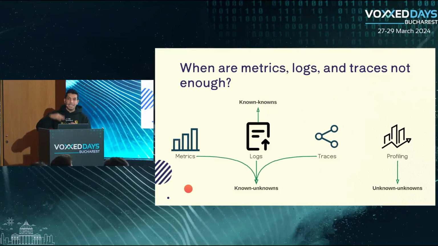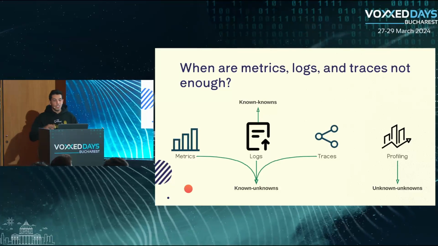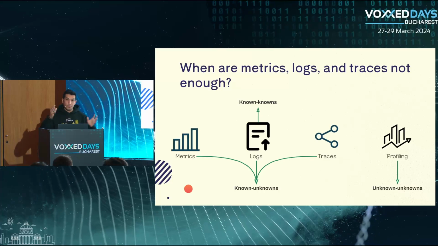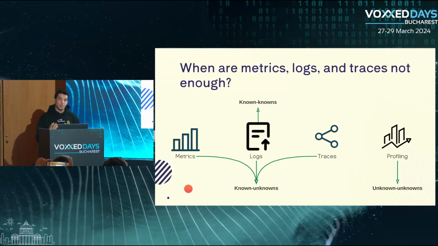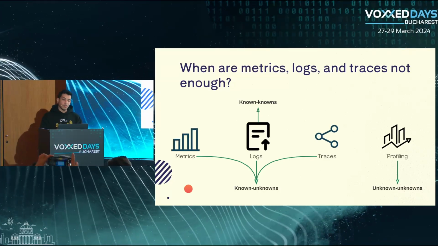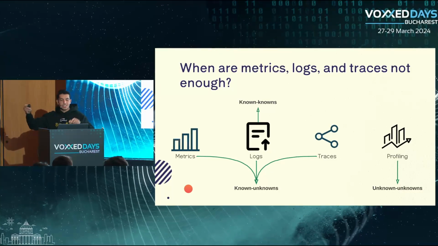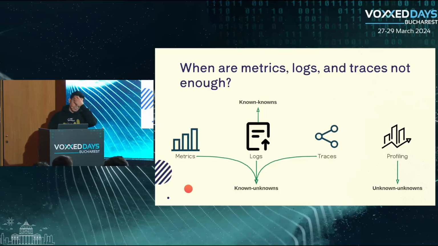If you have a latency spike or a CPU issue, you mix and match the three pillars, a mix of logs with a mix of traces, to understand what this latency is and try to understand what's happening.